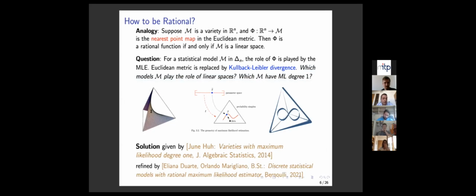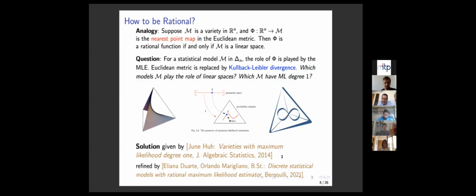This was solved by Huh in a paper called Varieties of Maximum Likelihood Degree 1. So these are the scenarios under which this map is a rational function. This was a complex algebraic result. And then we transferred it to the positive semi-algebraic setting that was actually relevant in statistics in a more recent paper called Discrete Statistical Models with Rational Maximum Likelihood Estimator.